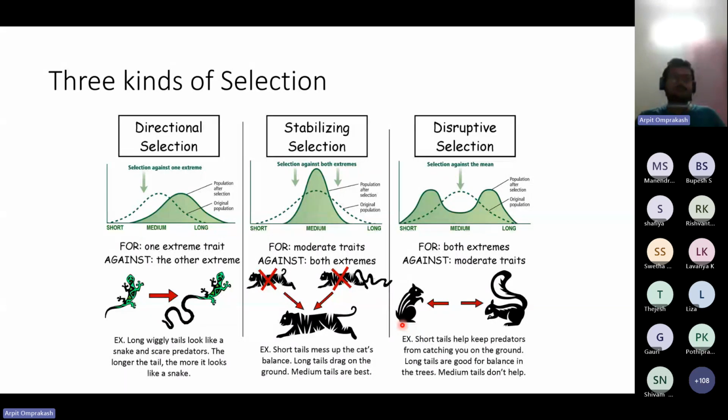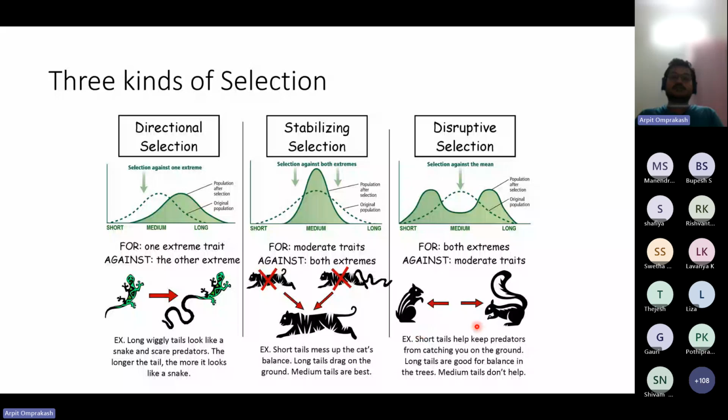So squirrels that have very long tails might prefer to stay in the trees and forage in the trees, whereas squirrels that have short tails may prefer to forage on the ground. Whereas squirrels that have a medium size tail cannot do both, because if they forage on the ground, the predators will catch them. And they don't have a lot of balance to maneuver over different trees and branches.